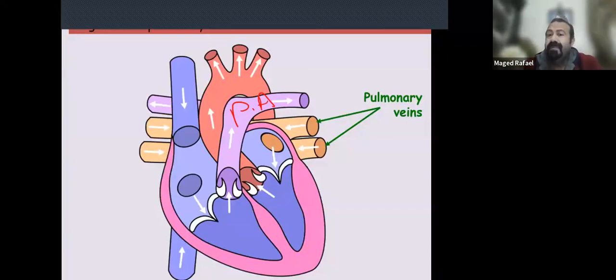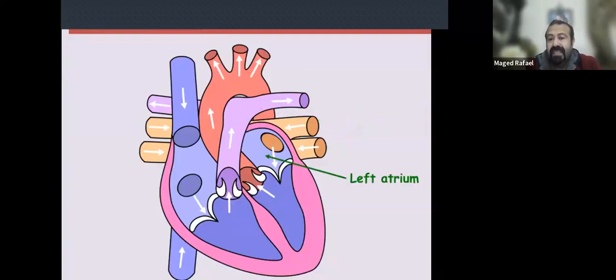The blood returns through the pulmonary vein, and then it is collected in the left atrium. Then the valves, same concept, same sequence: the valves will open, sending the blood to the left ventricle. As you can see, guys, the left ventricle has the largest thickness.